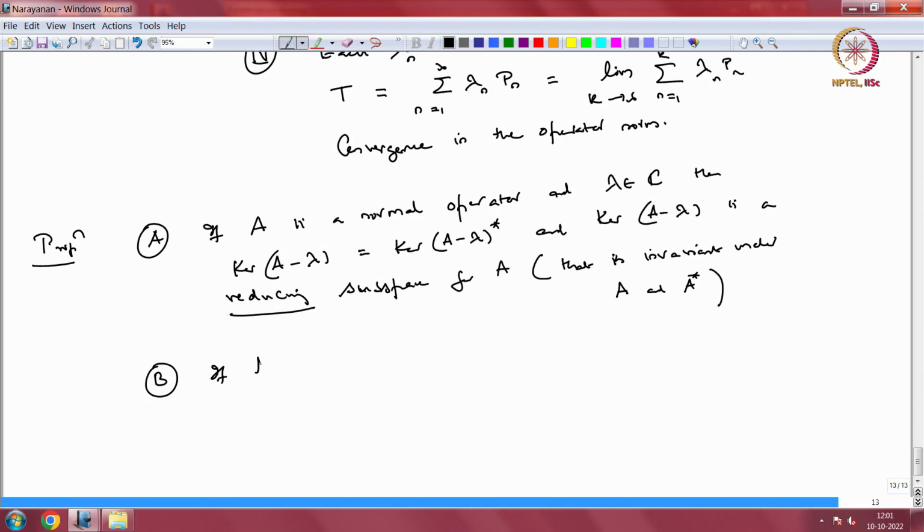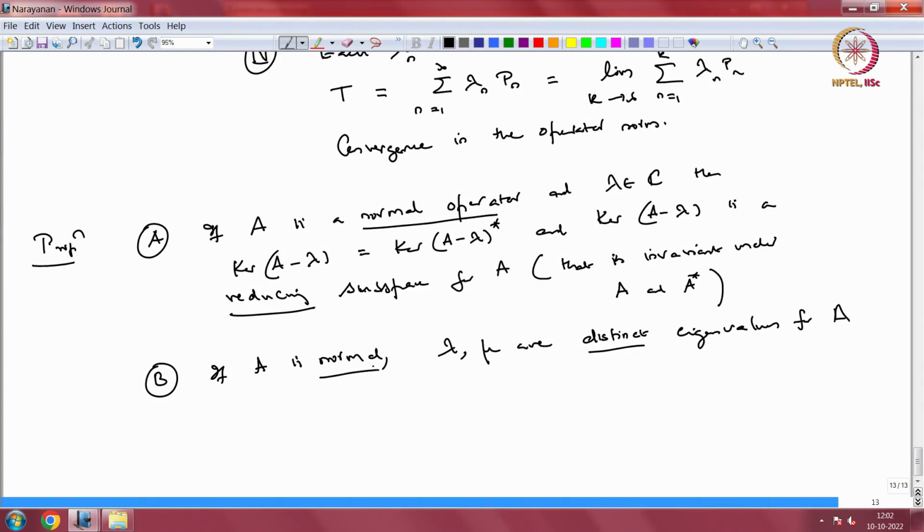Second, if A is normal and lambda and mu are distinct eigenvalues for A, we are not assuming any compactness here. These are properties of normal operators.